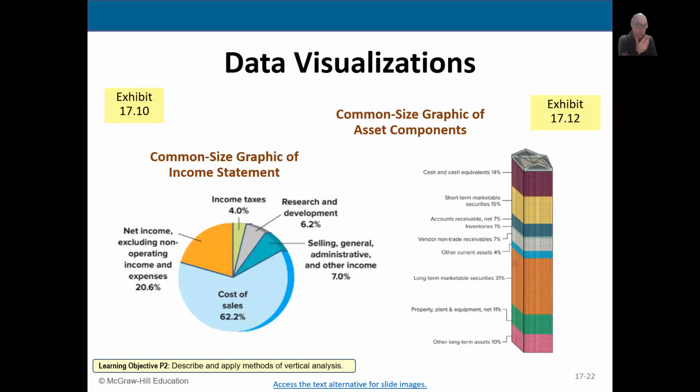So your net income is 20%. That's good. Income tax is 4%. That's okay. R&D 6.2. But you see what I'm saying. Being able to visualize the financial data makes a big difference to somebody who doesn't know accounting. You all know accounting because you took the class with me.